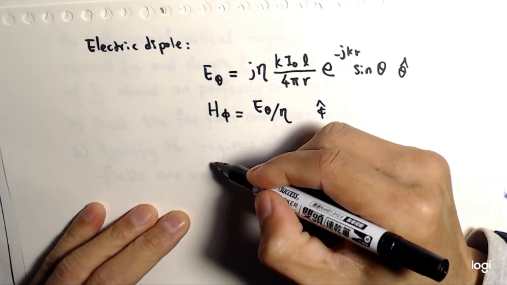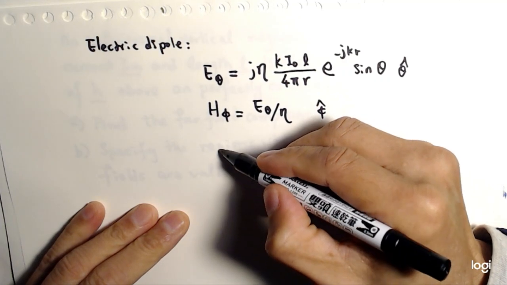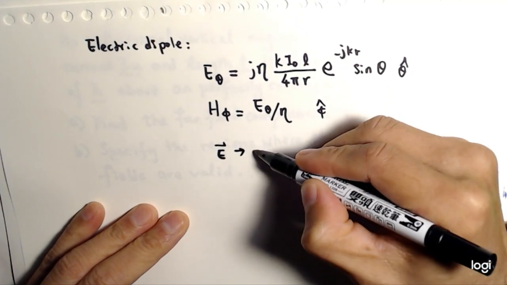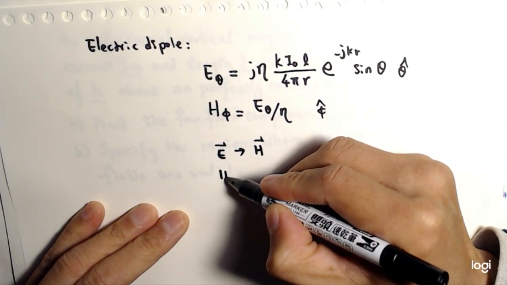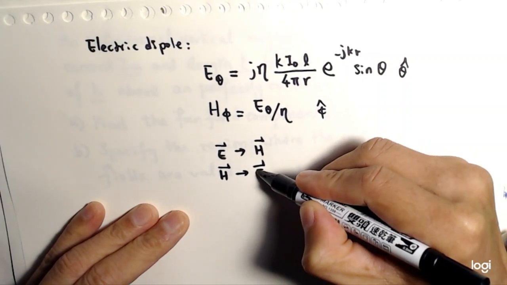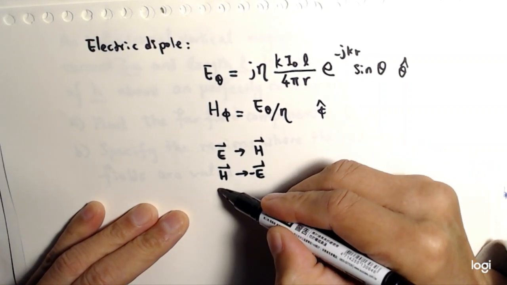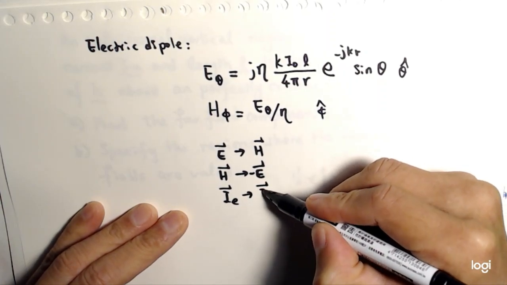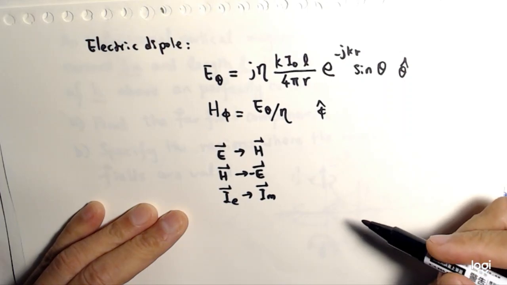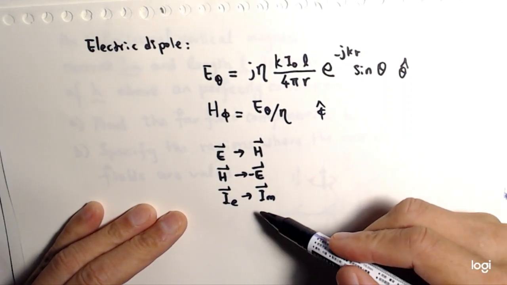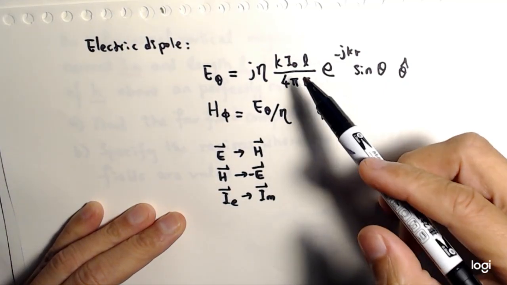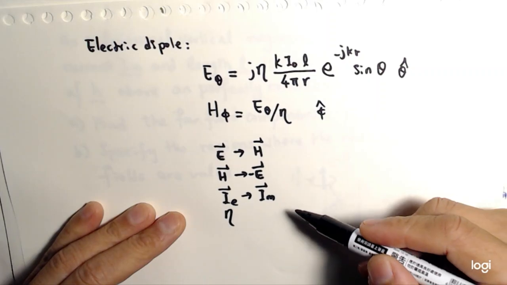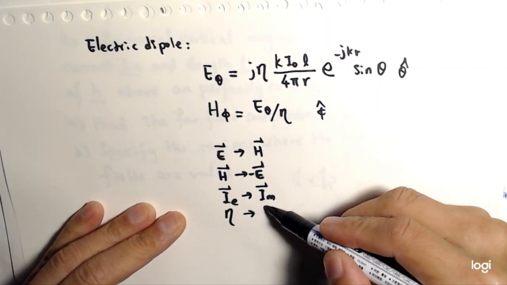Under the principle of duality, we know that E will be converted to H, H will in turn be converted to minus E, and I electric will be converted to I magnetic. So the electric current will be converted to magnetic current, and the characteristic impedance will be converted to characteristic admittance.